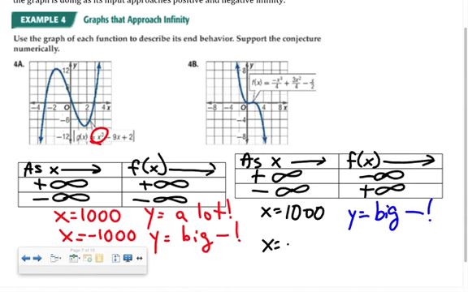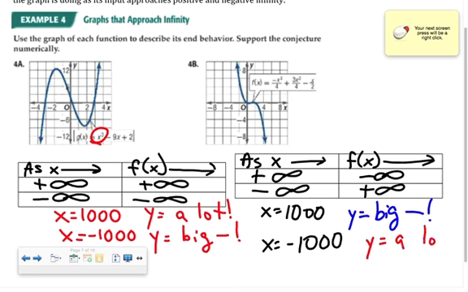And if I plug in x equals negative 1,000, it's going to go the other way because a negative raised to an odd power is going to stay negative. That's going to be a very large number. So my y value is a lot.